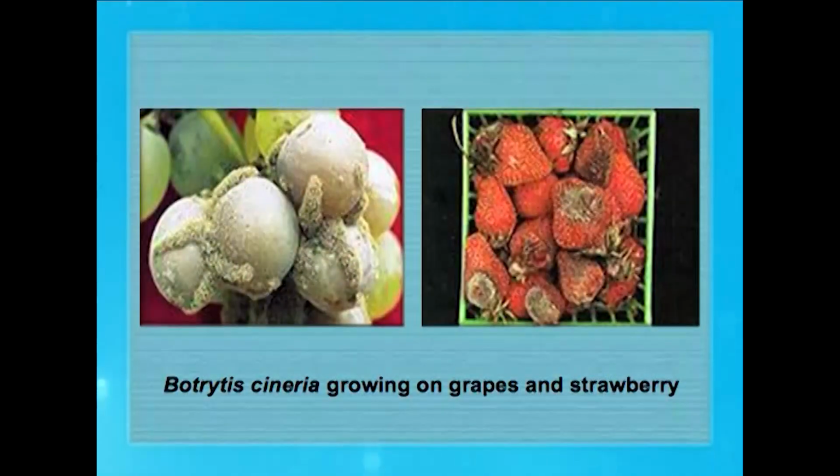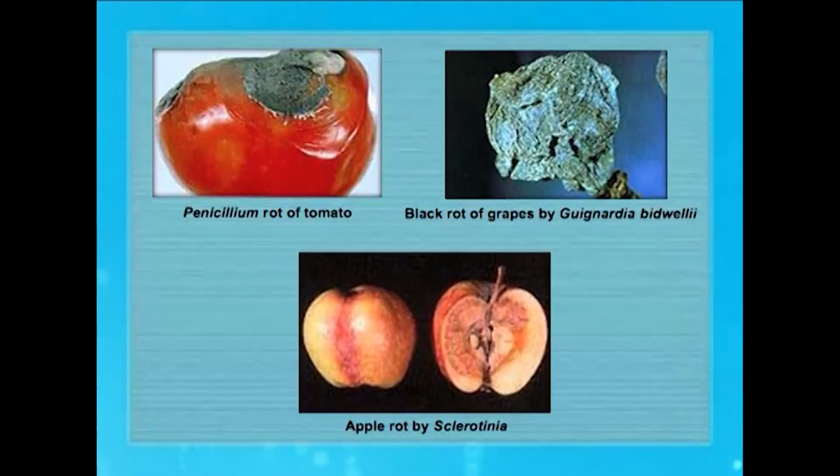At the same time, Botrytis cinerea, a fungus, is sporulating and growing on grapes and strawberries, causing their destruction. There will also be Penicillium rot, an opportunistic pathogen spoiling the tomato. There will be Guignardia bidwellii causing the black rot of grape, and Sclerotinia rot of apple.